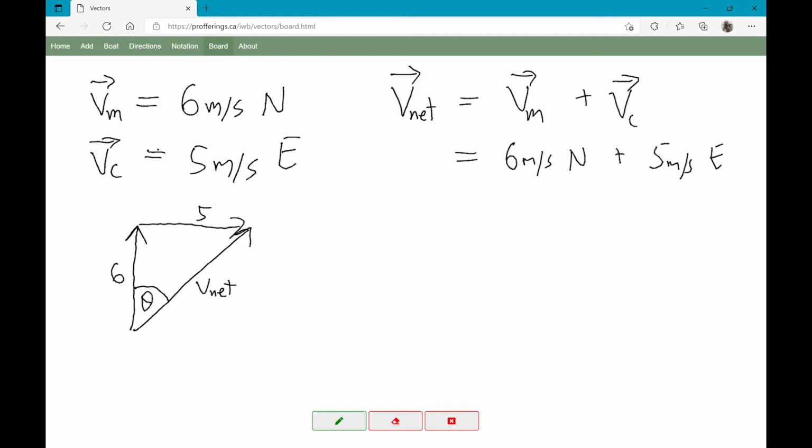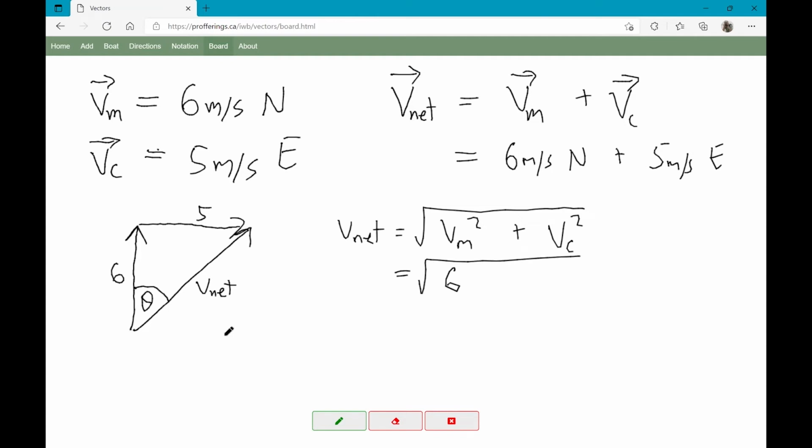So we've got a right angle triangle. The length of that net velocity vector is just the hypotenuse of the triangle. So the length is going to be the square root of the motor velocity squared plus the current speed squared, which is the square root of 6 meters per second squared plus the current 5 meters per second squared.